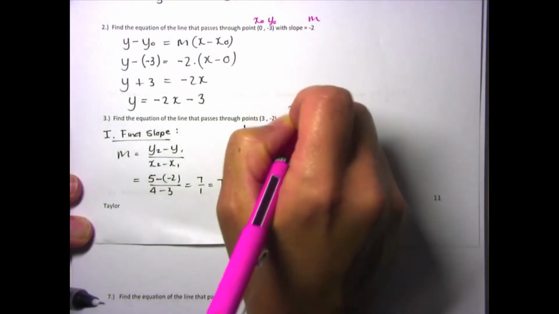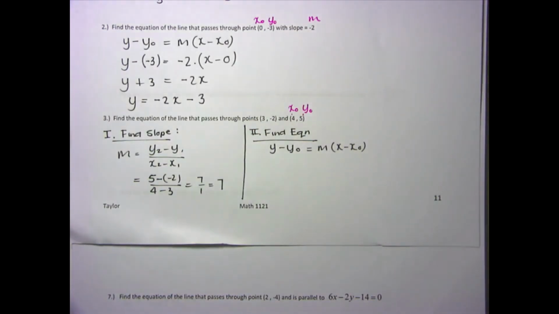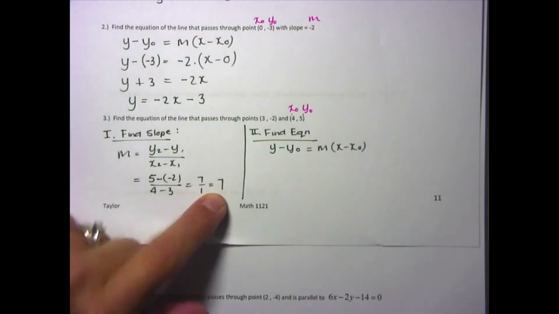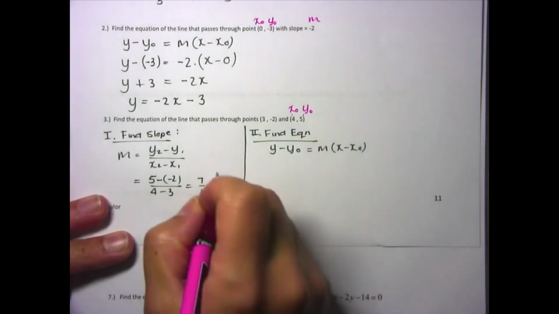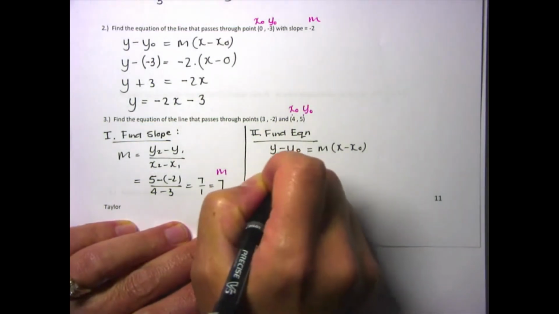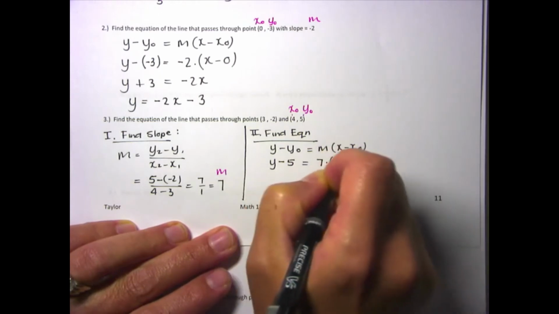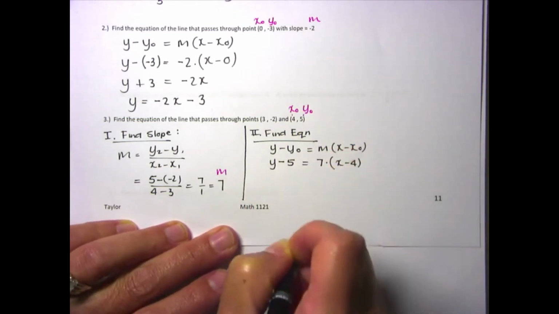So x naught, y naught will be these values. X naught's going to be equal to 4, y naught's going to be equal to 5, and then m, of course, is equal to 7. So here's m. Let's plug in. So I will have y minus 5 equal to 7 times x minus 4.